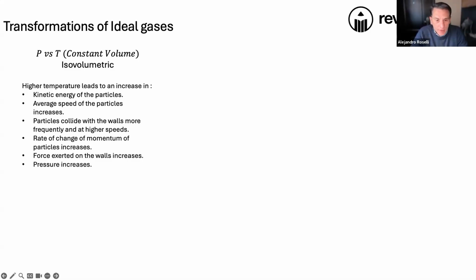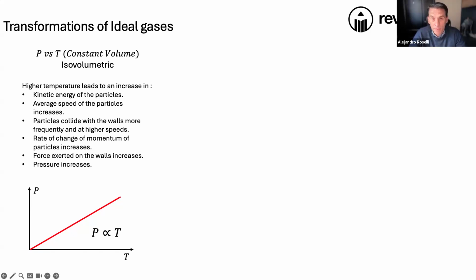Therefore, for ideal gases, pressure and temperature are positively correlated. They are proportional to each other, and you'll get this type of graphical representation, which is one of the gas laws. Pressure is proportional to the temperature.